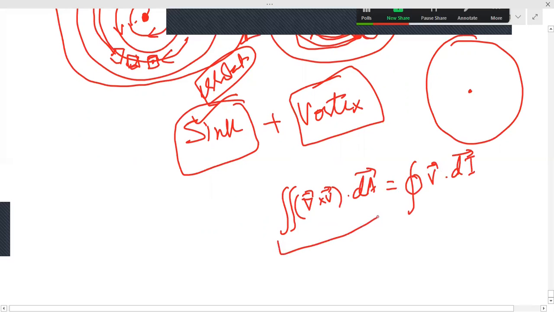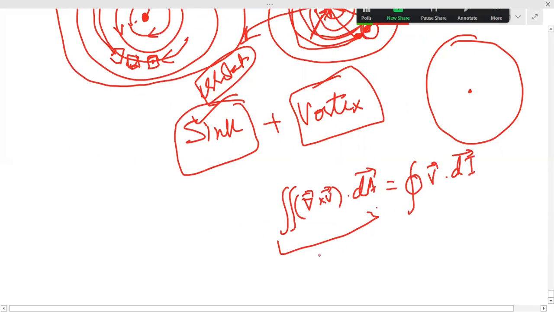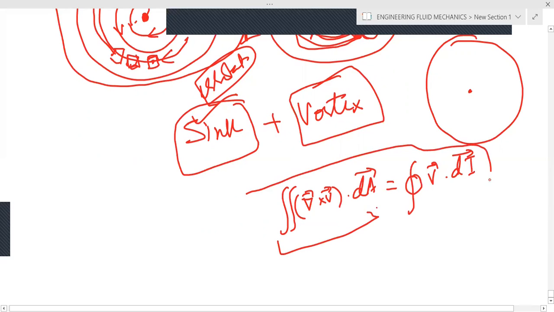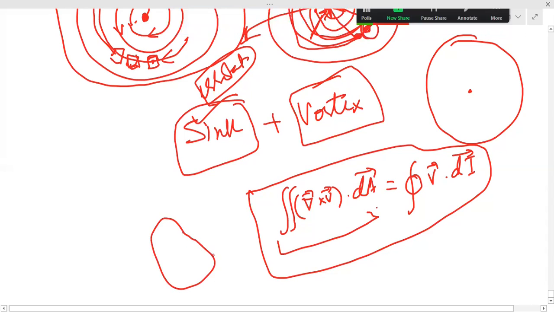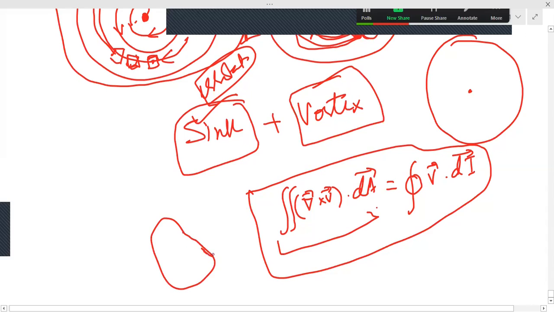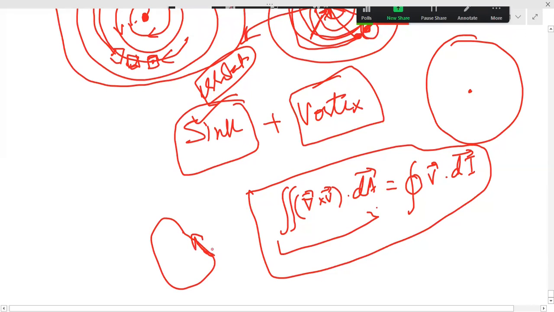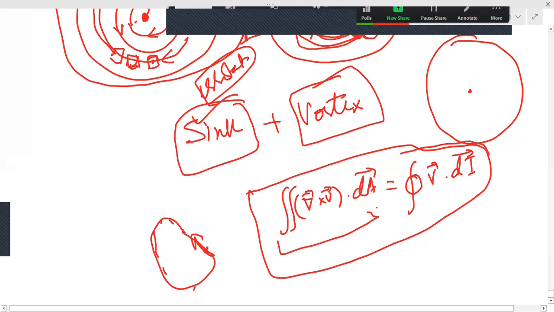So this was an open surface, and an open surface has the boundary of a simple loop. Now, if I try to evaluate the right hand side, what is it? If there is some loop, you calculate the dot product of the velocity vector and the displacement vector at each and every point along the loop, and you will get this integral value.